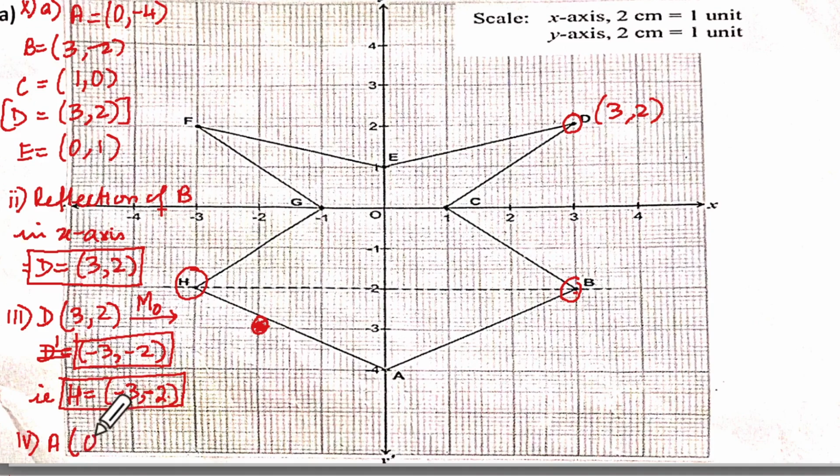A is 0 comma minus 4, and it is reflected in BH. Where is BH? BH is here. Where is A? Here. So A is 2 units below, so 2 units up means the origin is going to be 0, 0. Okay, that is the origin. Correct? Understanding, right?